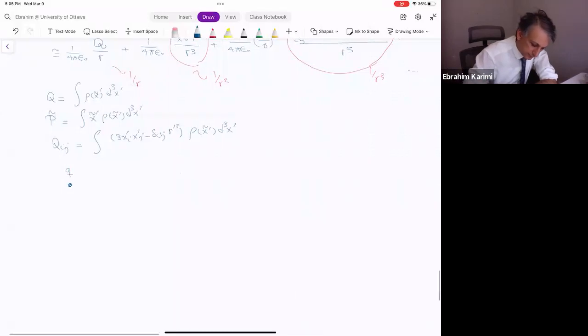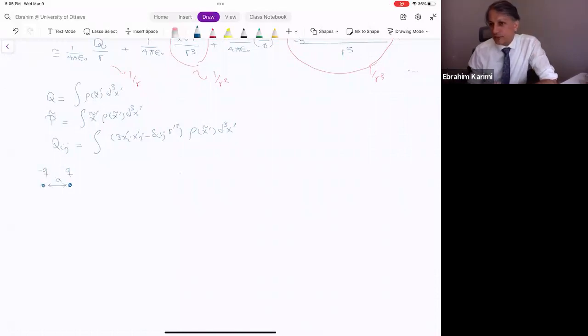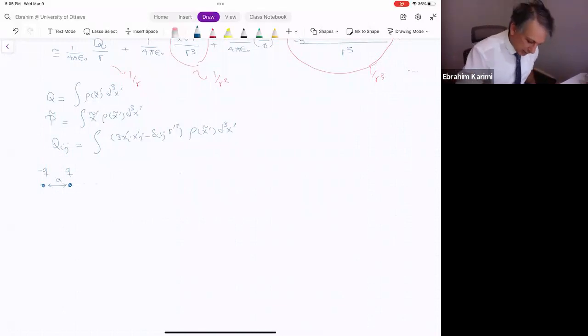What about this one? I keep them at a distance of a together. The monopole charge is 0, the sum of these two, within first approximation. Then you have to go to the second term, which is the dipole term. The dipole term plays a role. So if you're far away from these, then you will get only the dipole term. Look at this one.